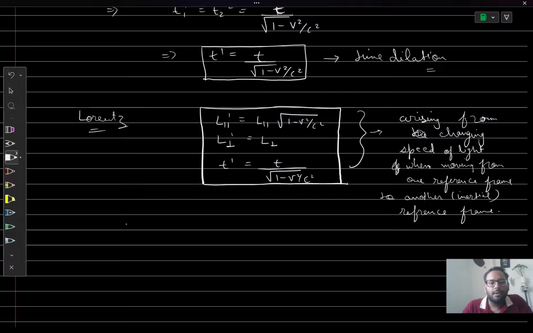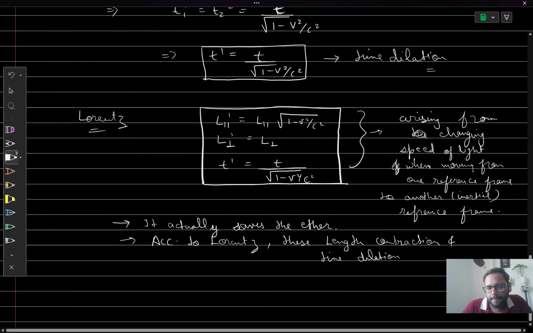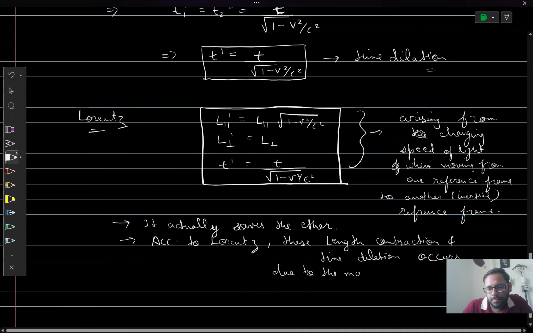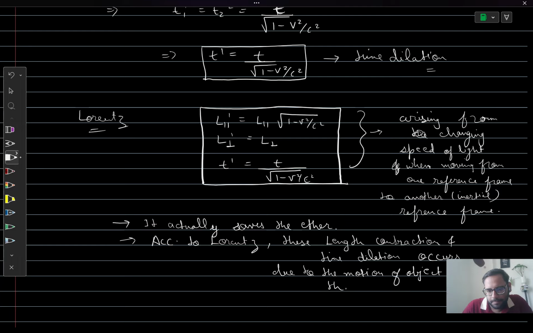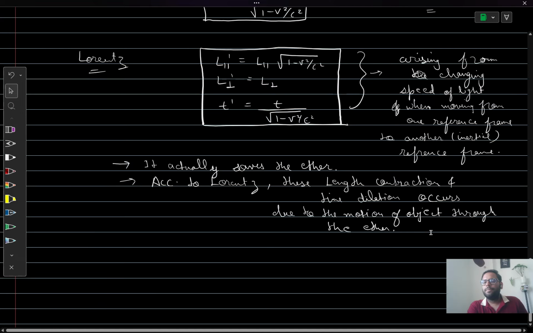Okay, so it actually saves the ether theory, because according to Lorentz, these length contraction and time dilation kind of things occur due to the motion of an object through the ether.